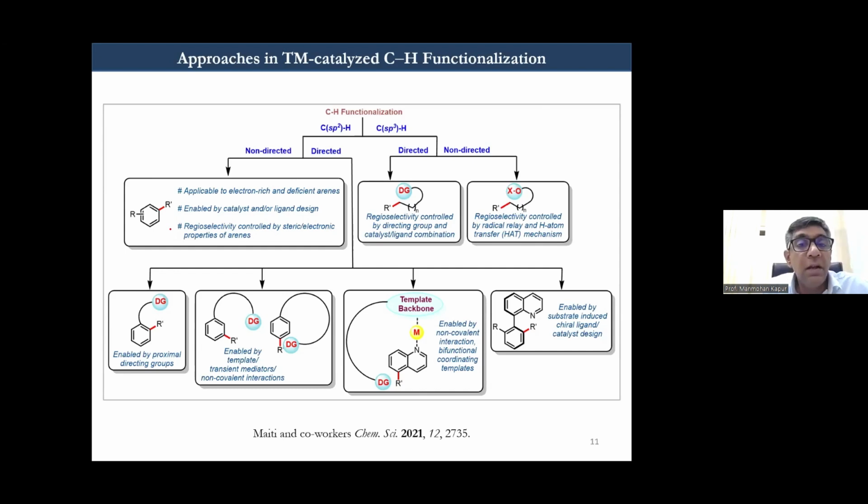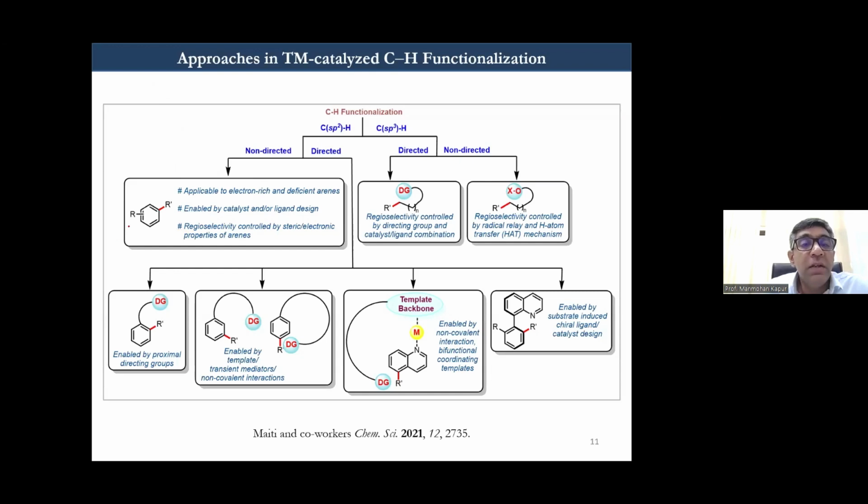In the case of an sp2 functionalization, again, you can have a non-directed or a directed approach. In the non-directed approach, you will have essentially electron-rich arenes, and in some cases, you may have electron-deficient arenes. This is enabled by a catalyst or ligand design, and essentially one has to be careful about what kind of arenes one is using in this particular case.